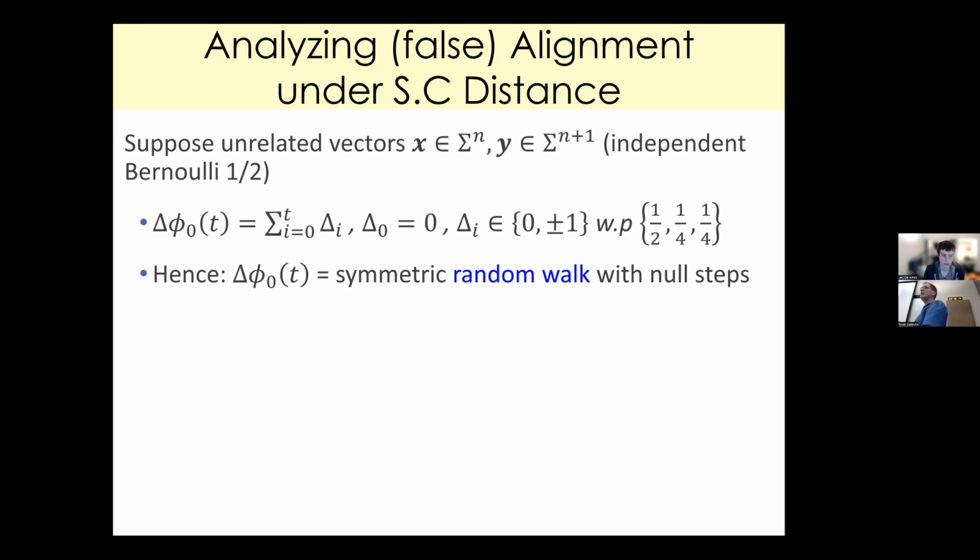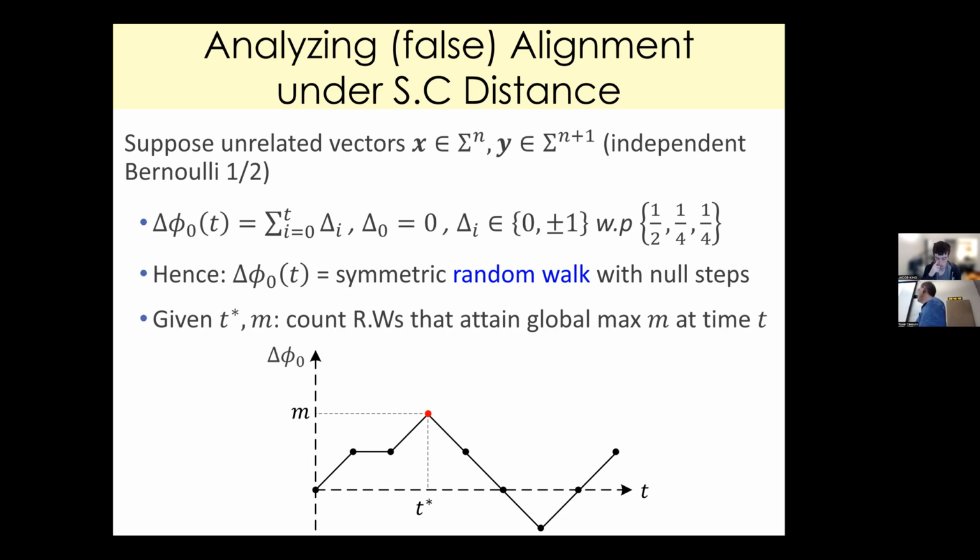That will tell us the capability of this metric to reject false or improper alignment. We take X and Y that are independent IID Bernoulli half sequences, and we want the distribution of this shift compensating distance for that. What we observe is that this is a random walk, so we can analyze this random walk combinatorially.